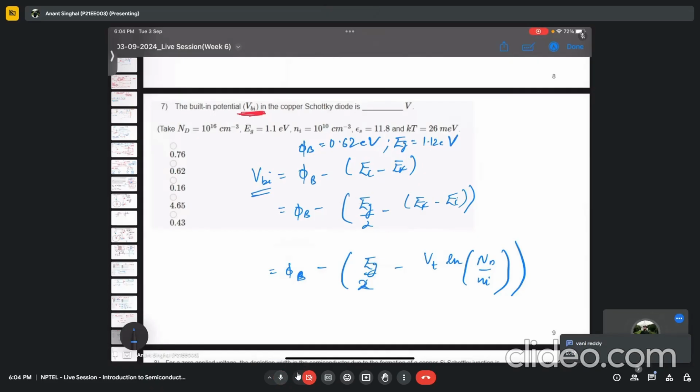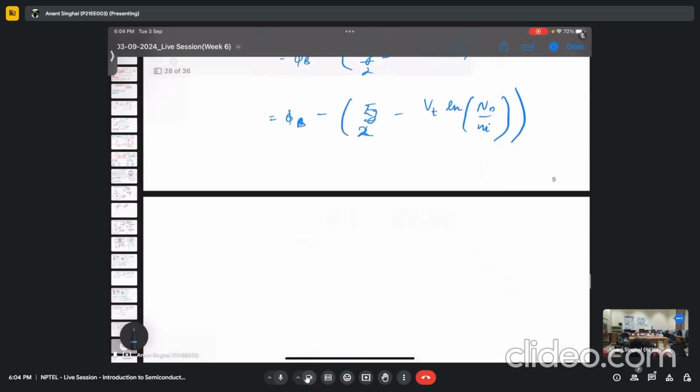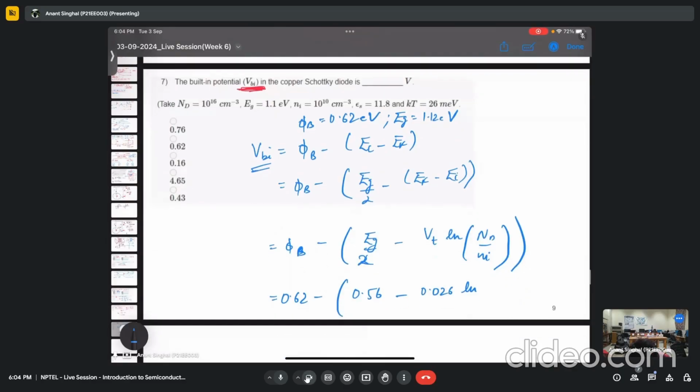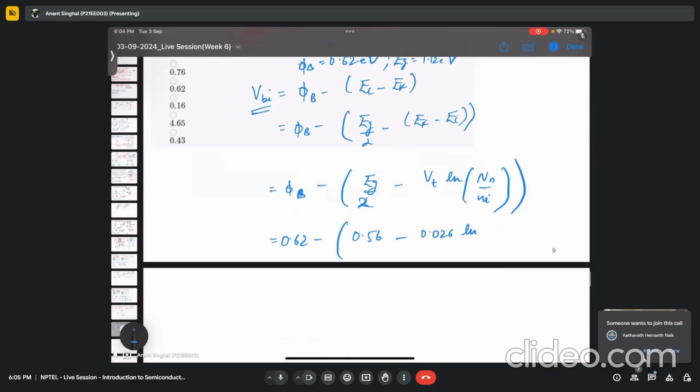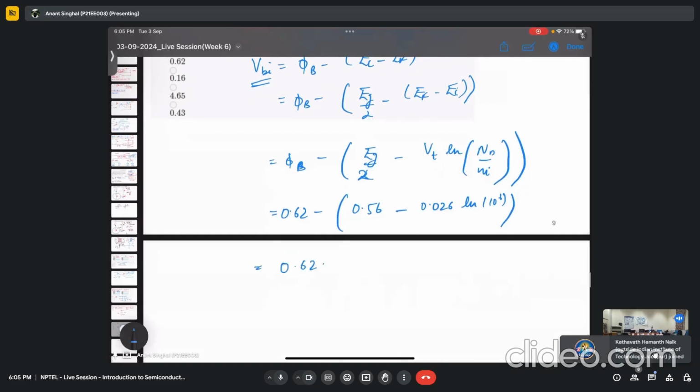I've got one answer as 0.42. So let's calculate. This was a straightforward calculation. So we have phi B, which is 0.62. This is 0.56, and 0.026 ln ND, which was 10 to the 16, and this is 10 to the 10. So this will be 0.62 minus 0.56 minus something. 6 times 2 is 12.